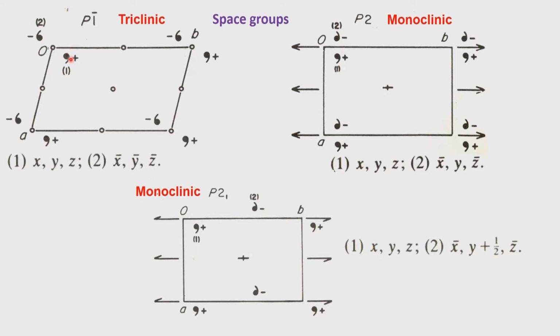So, this particular value of x y z now generates an x bar y bar z bar. So, we have introduced the other word which is called the occupancy that is associated with the position. So, if all these general positions in the unit cell are occupied, then we say the occupancy is 1. The special positions have an occupancy in this particular space group of 0.5. The special positions can have lower and lower occupancies depending on the symmetry that is associated with that point.